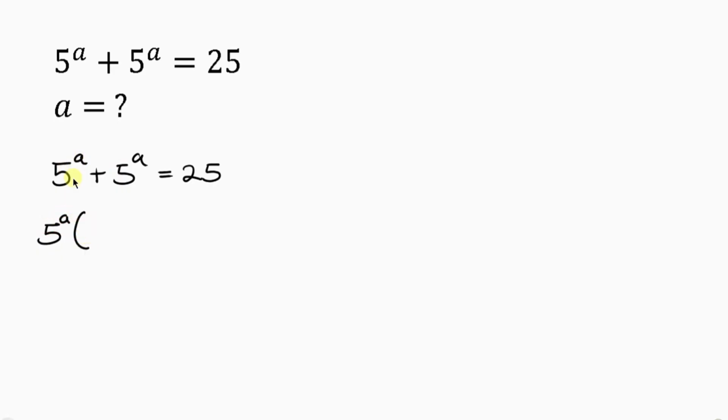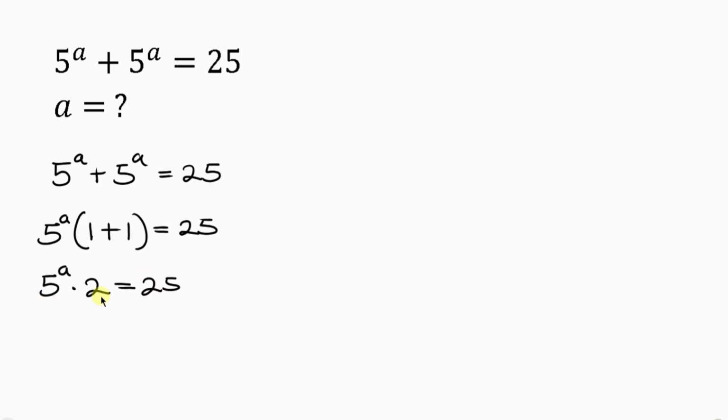Now 5 to the power of a divided by 5 to the power of a is 1, plus 5 to the power of a divided by 5 to the power of a is 1. And this is equal to 25. Very good. Now this simplifies into 5 to the power of a times 1 plus 1 is 2. And this is equal to 25.